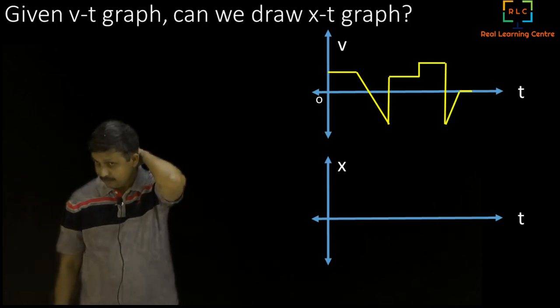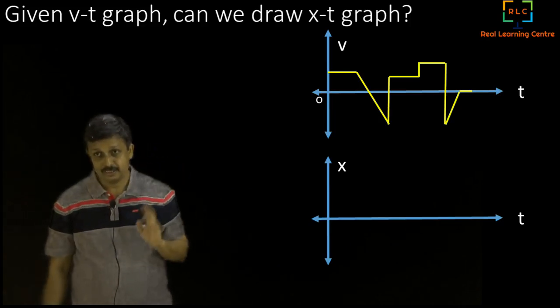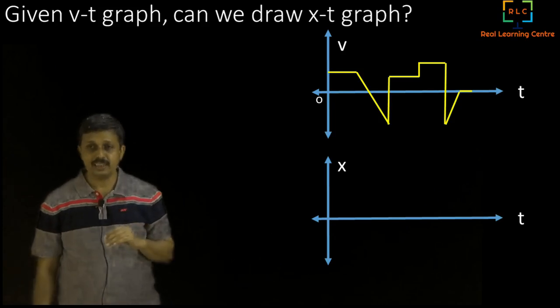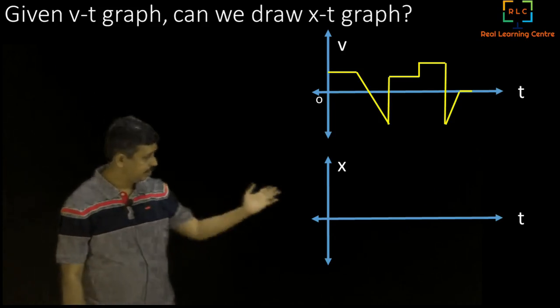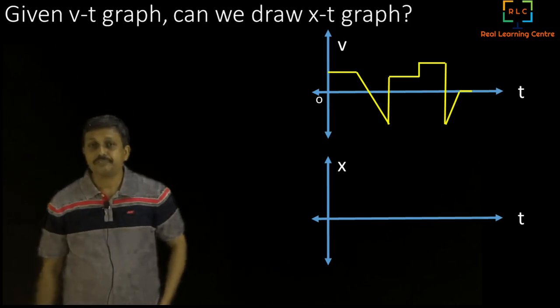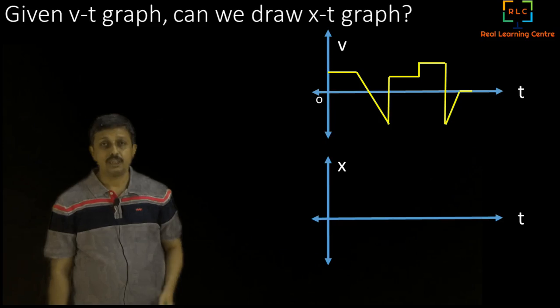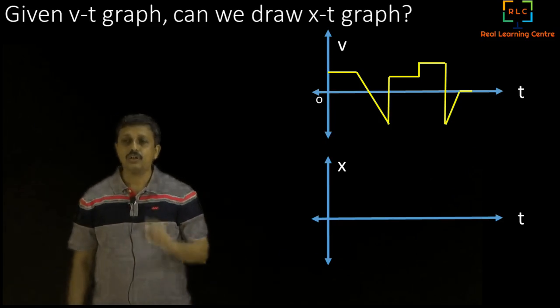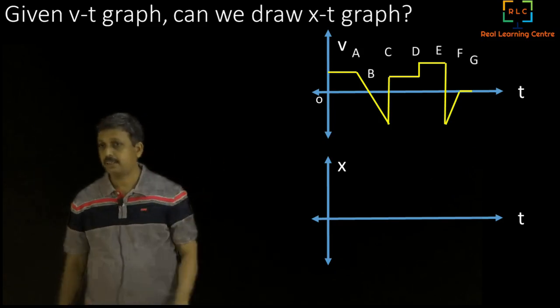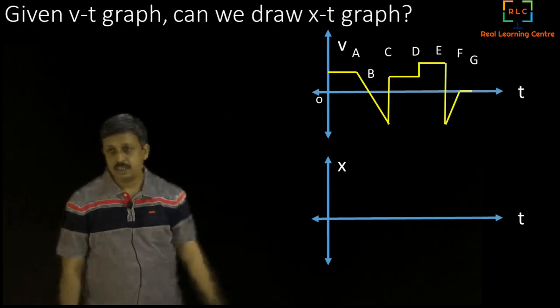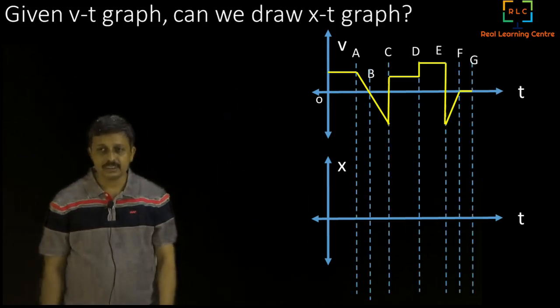It is not very straightforward, so I have to think. Initially we take a certain point at which the object is, let us say at 0, and from there the object has to start moving. First we will name the points and also draw the timelines.